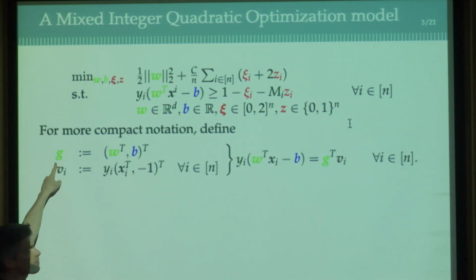So g now is my main continuous variable, the variable that gives me the full separating hyperplane, and all the data, so the x and the y that was given as an input, let me condense them into a single vector v_i, one for every point i from 1 to n. So what happens now is that the weighted violation that was on the left-hand side of this big M constraint becomes just a simple scalar product g^T v_i.